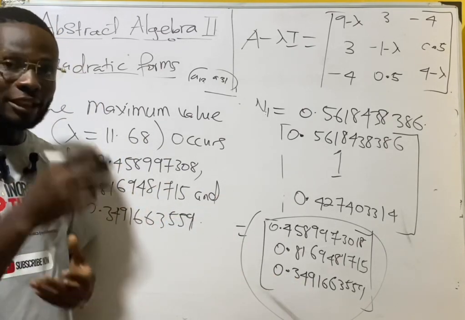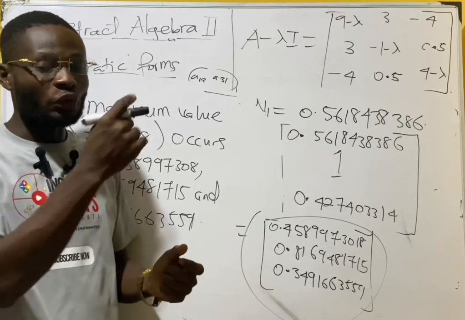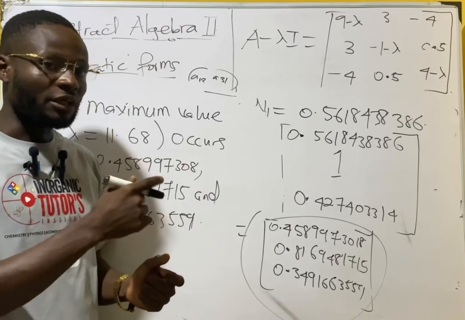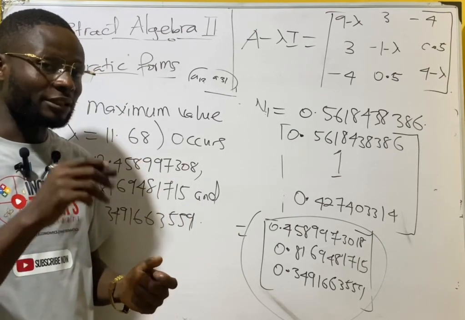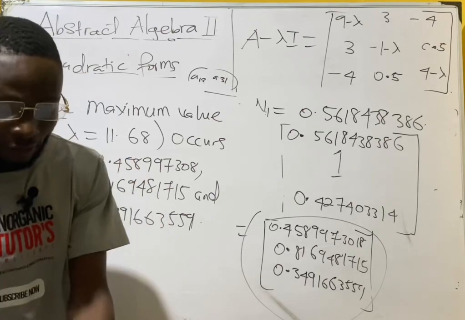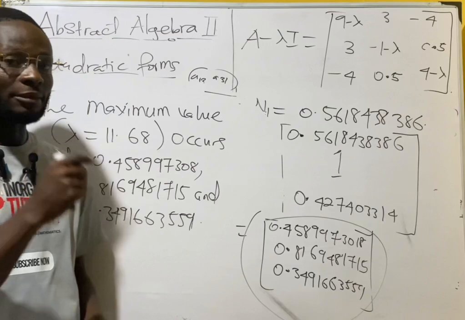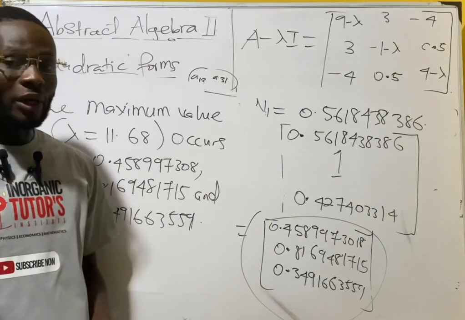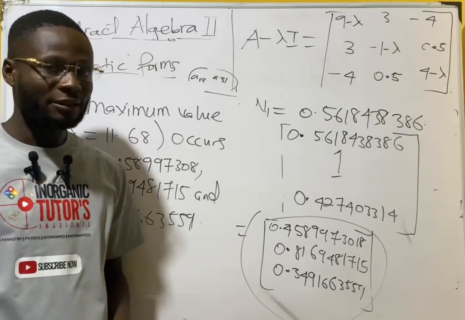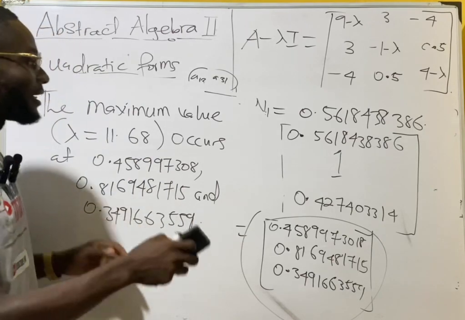So go through the same process for the minimum value, which is negative 2.2967, and get where it also occurs. I'll leave this example with you.